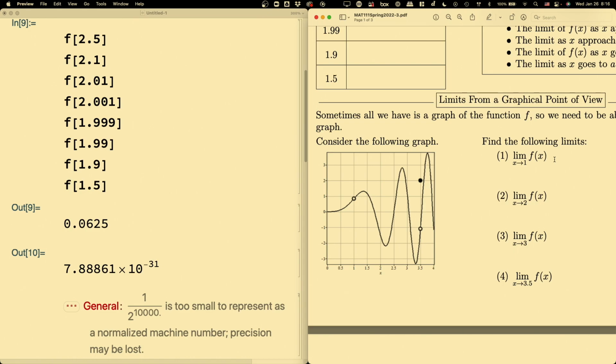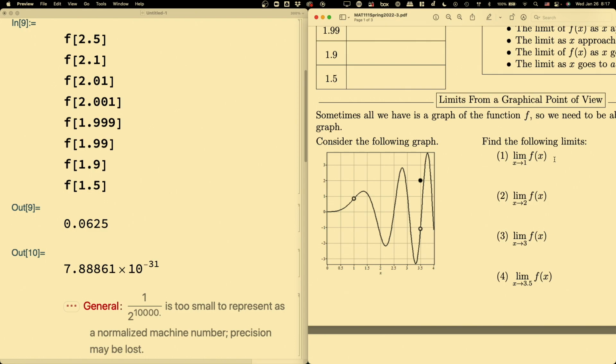So looking at our graph, what are the points we might be interested in where something funky might be going on? Definitely at 1, because there's this hole. Definitely at 3.5, because there's a hole and a dot. And 2 and 3, we'll see what's happening there.